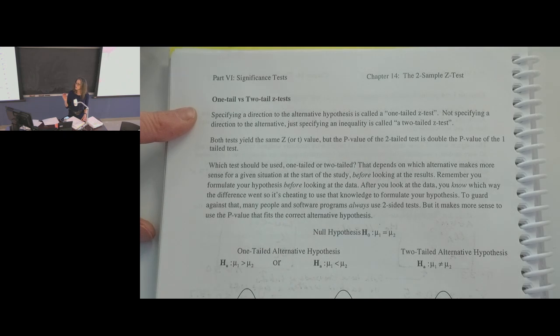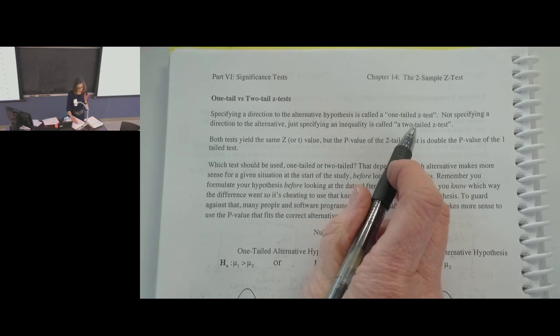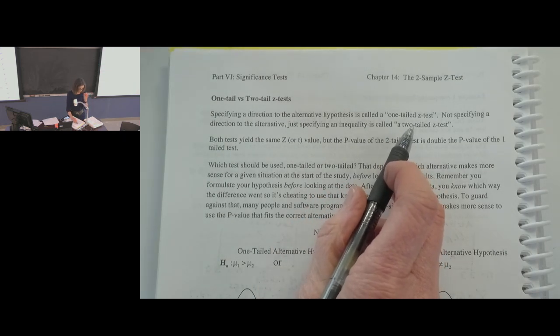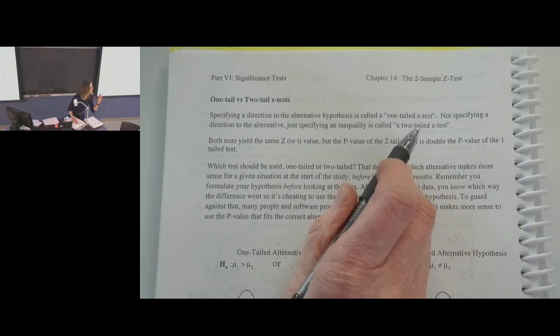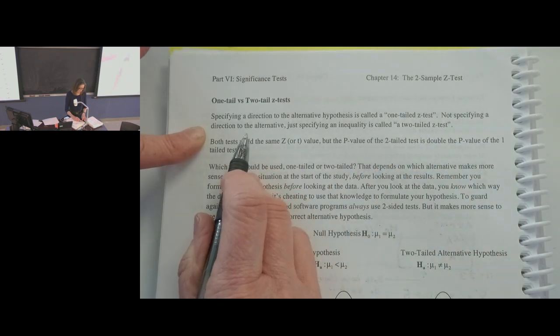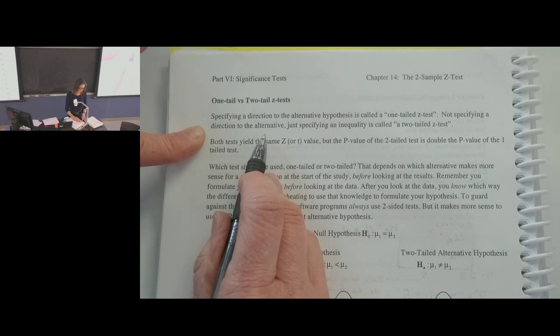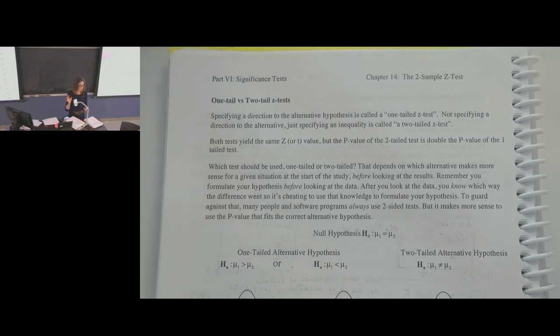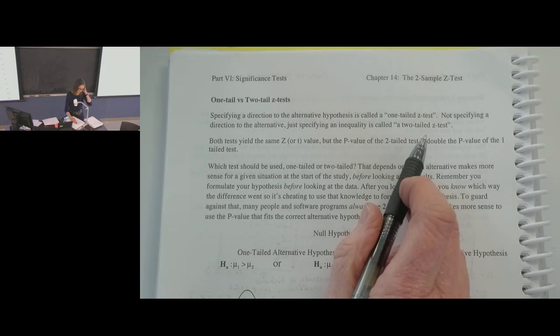If you specify a direction to the alternative, like if you think one diet actually works better than the other, and you know that ahead of time because you have some evidence in the lab or something, then you do a one-tail test. The tests we've been doing have all been one-tailed because we're pretty sure which direction it's going to go.